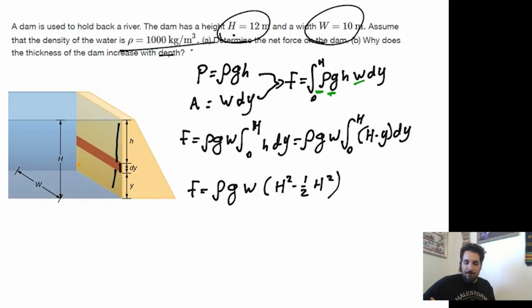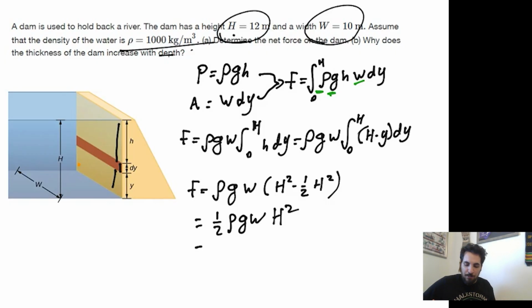That simplifies to just 1/2 times H squared. So you end up with the force being 1/2 density times acceleration due to gravity times the width times H squared. And this gives you the force felt by the dam.